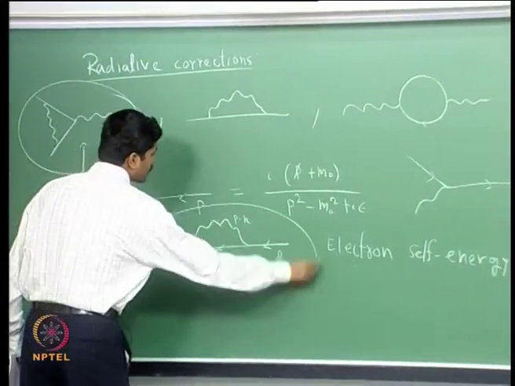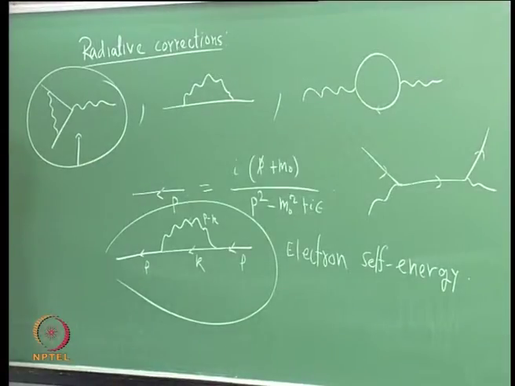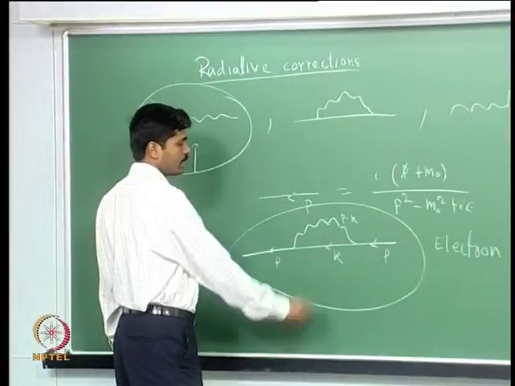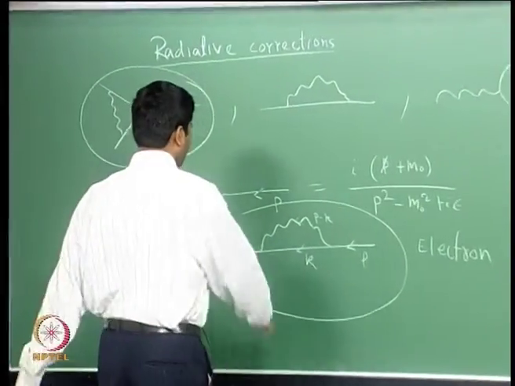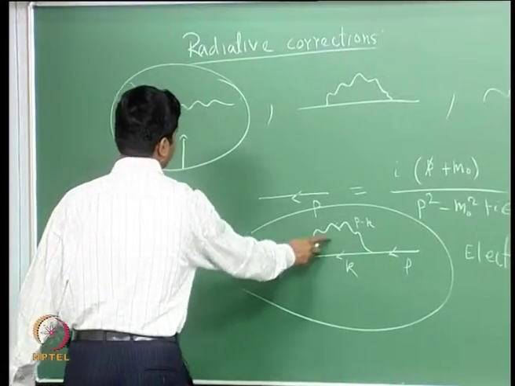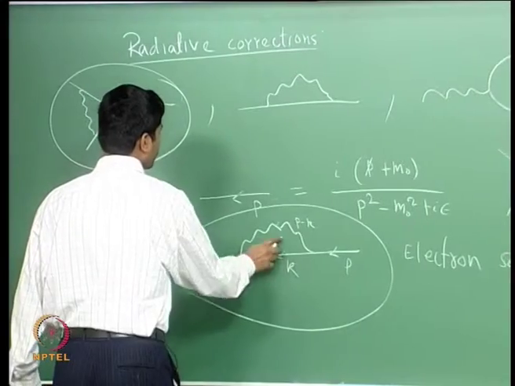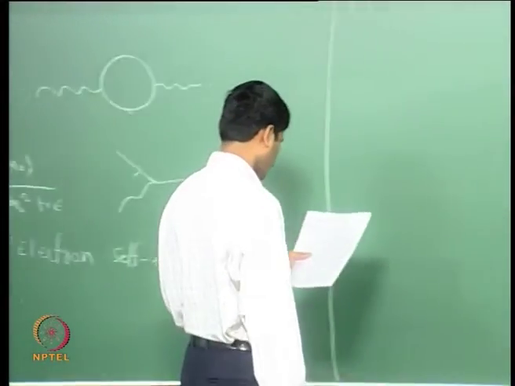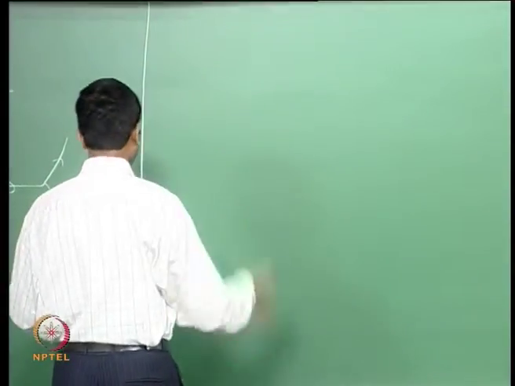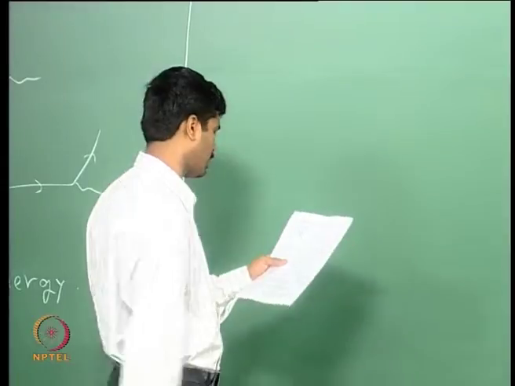In this lecture, we will focus on this diagram, and we will evaluate it explicitly in great detail. We can use the Feynman rules, and the contribution from this diagram is given by this. I will first write down the formula, and then I will explain it in detail.